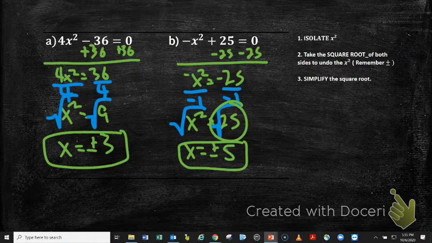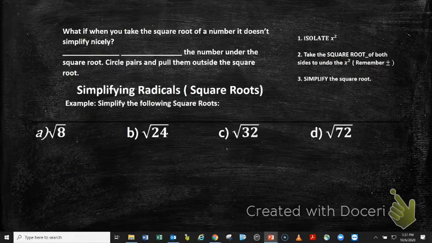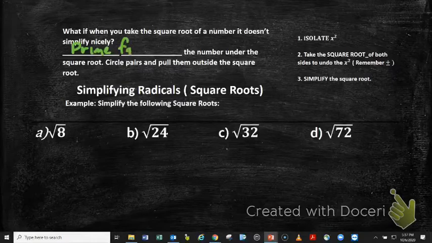So these are ways that you can solve as well. When you're solving by the square root, your answers will look like this, plus or minus some number. So what happens if you take the square root of a number that doesn't simplify nicely? So I'll show you what I mean by that. We're going to, in a sense, prime factorize the number underneath the square root sign, the radical.